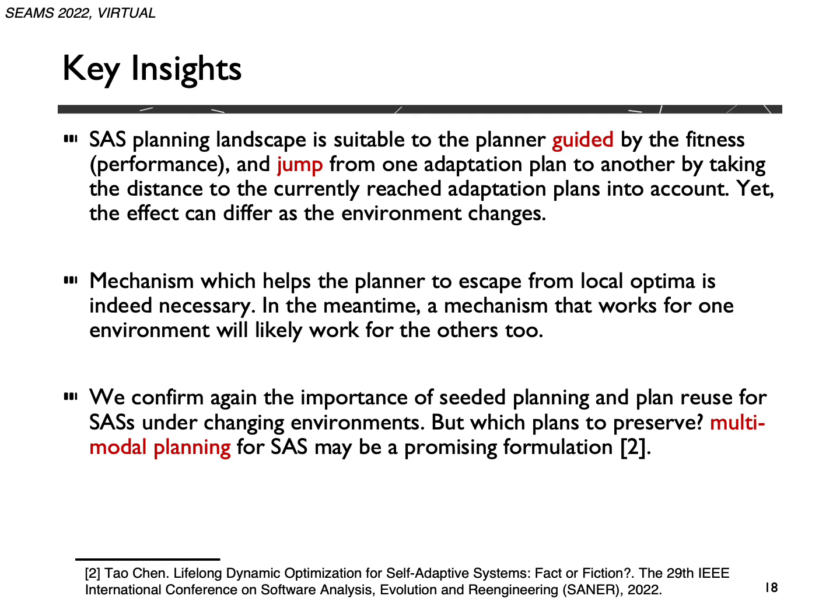And finally, we confirm again the importance of seeded planning and plan reuse for SAS under changing environments, as we show that there's a significant overlap in terms of the local and global optimals. But which one to preserve? Well, we believe that formulating multimodal planning for SAS could be a promising way to go, and this is what we have done in a recent work published this year.